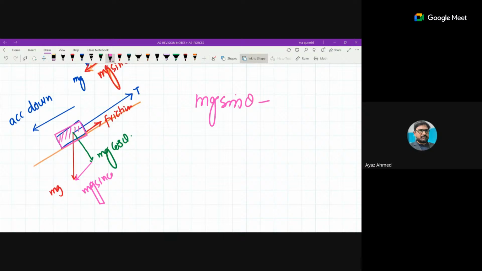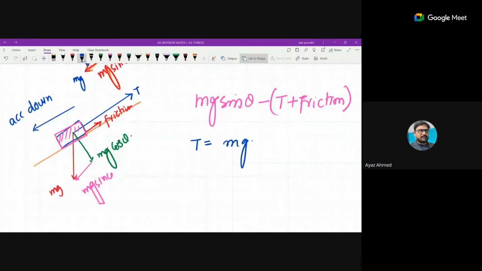Then what are the opposing forces? Minus tension plus friction. Are you getting it? So from here, your tension will be equal to mg sine theta minus friction, because I have put the signs correctly.